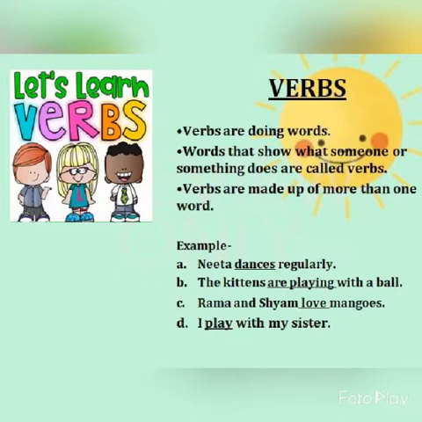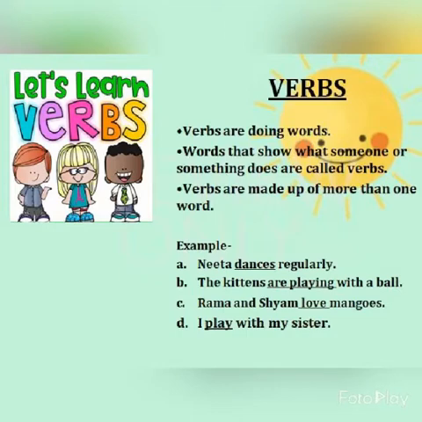For example, Neeta dances regularly. So in this sentence, dances is the verb. Verbs can be made up of more than one word. For example, the kittens are playing with a ball. Now in this sentence, are playing is verb and it is made up of two different words.